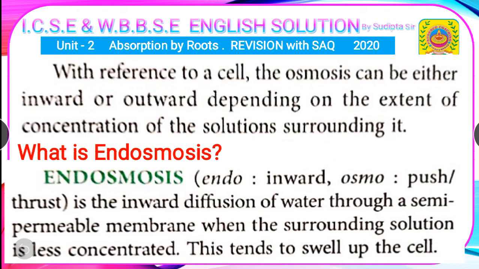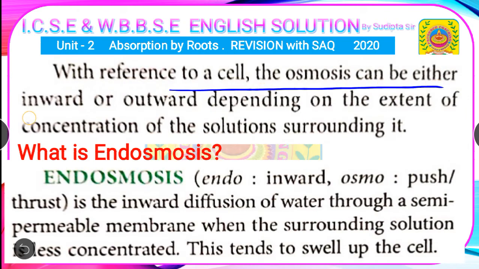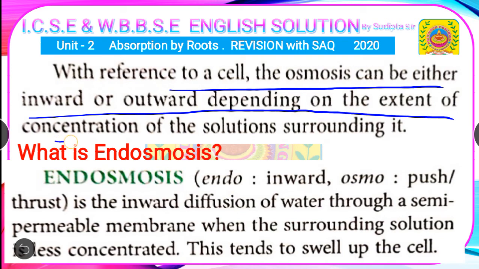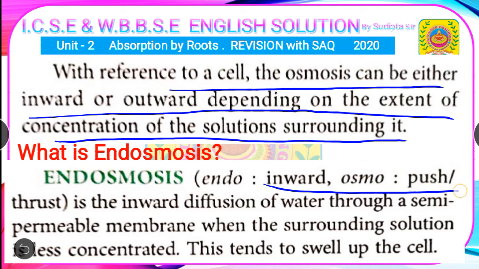With reference to a cell, osmosis can be either inward or outward, depending on the concentration of the solution surrounding it. So there are mainly two types of osmosis: endosmosis, where endo means inward and osmosis means push or thrust, so inward thrust, and outward thrust or exosmosis. First, endosmosis.